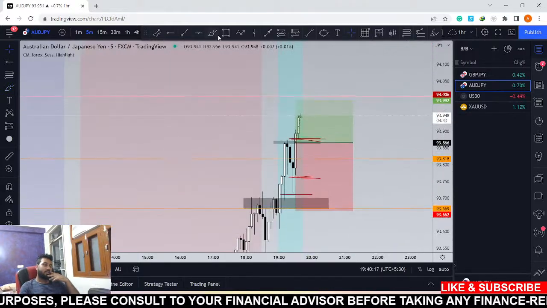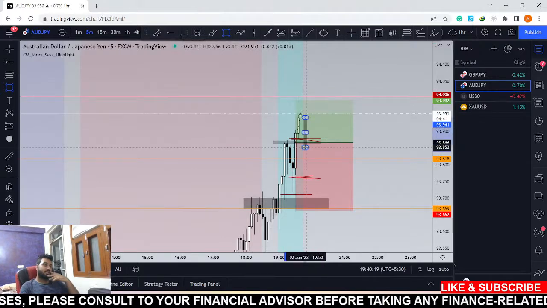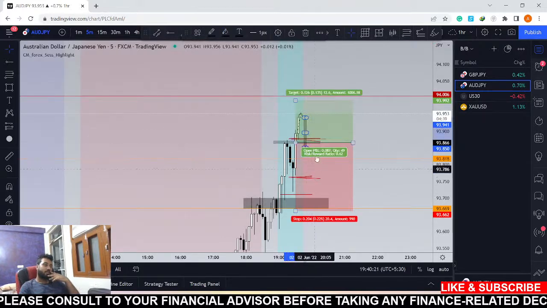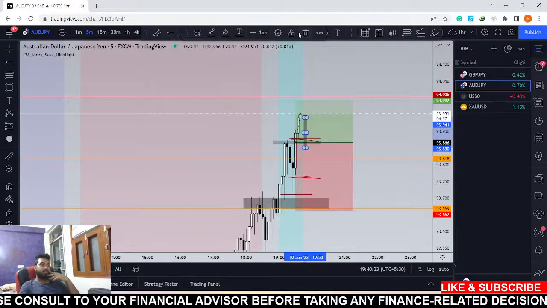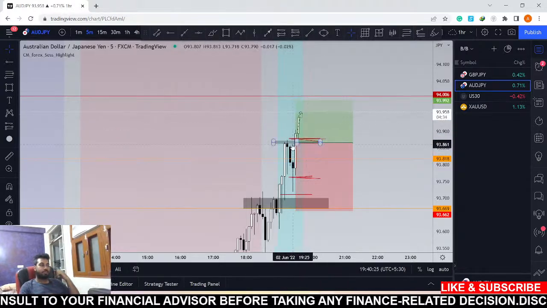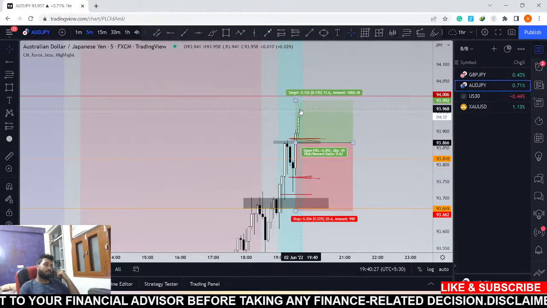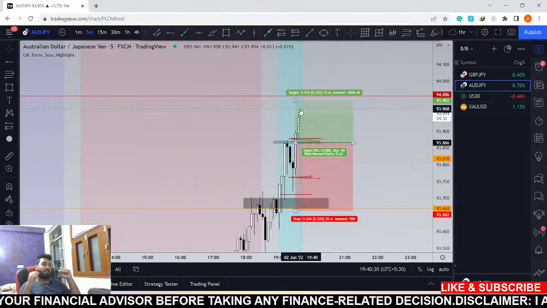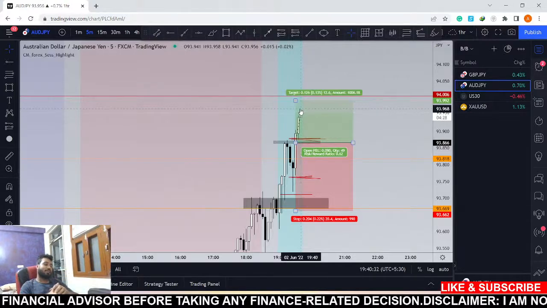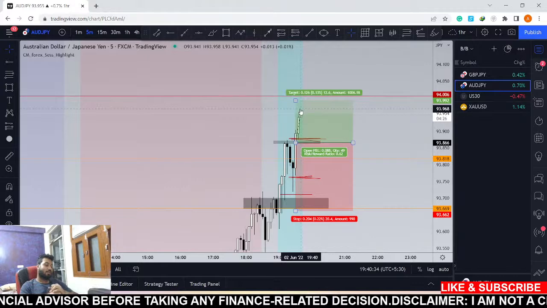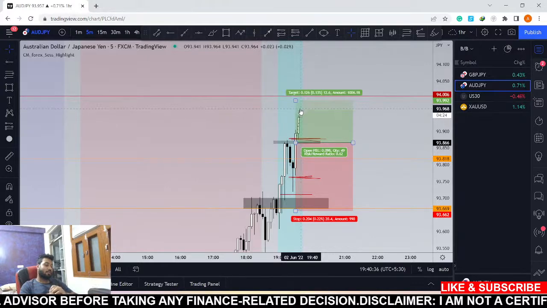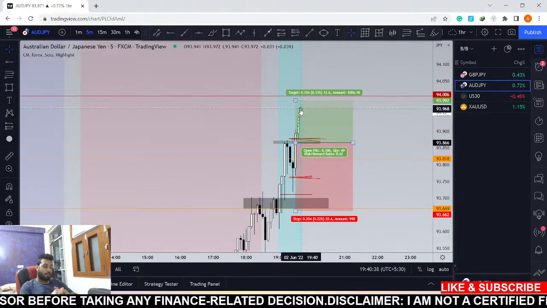Because let's suppose a black candle comes like this, then there is a high chance that it can give you a deeper drawdown, and it is not good for your psychology. You know, if something is going like this, and you are very exuberant, thinking that I am making good money, whatever stop loss, just go below the candle.